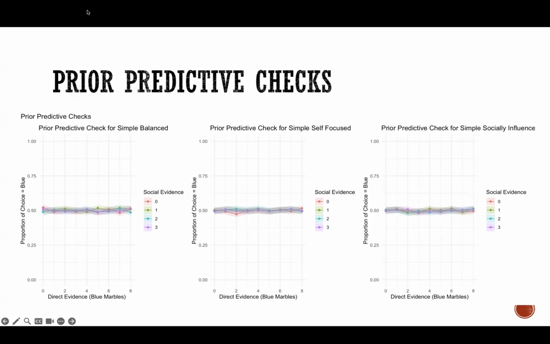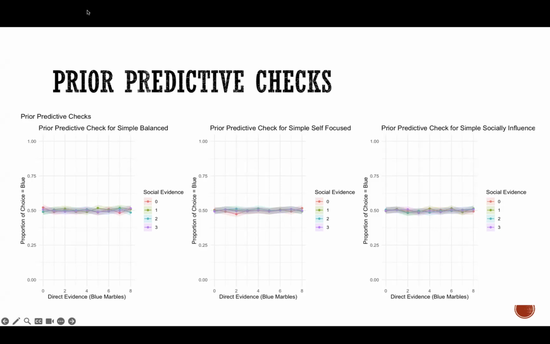According to the priors, before we see anything, the expectations are 50% blue, 50% red. I removed the broad confidence intervals because otherwise they would cover everything. The model expects everything.